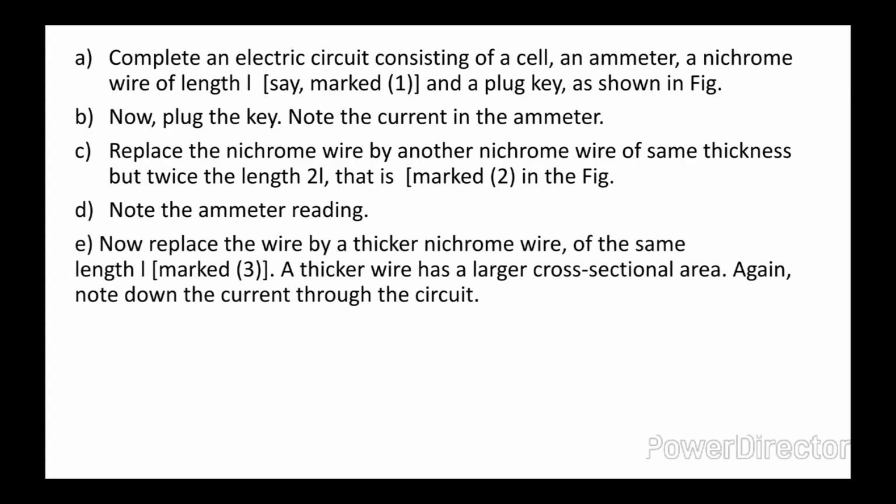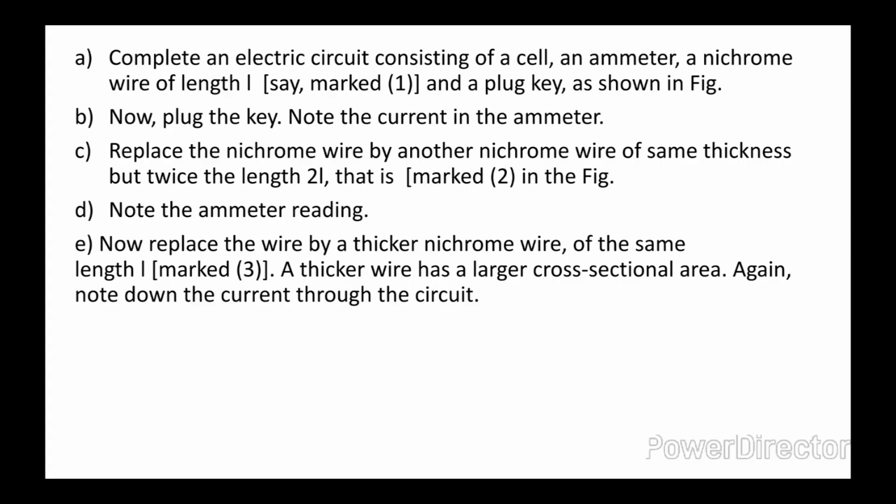Next, in the third case, you have to replace that nichrome wire by a thicker nichrome wire. So in the first two cases, the thickness is the same but the length varied. But in the third case, the length should be same, that is L. In the first case, if you have taken 0.5 meters, in the third case also you have to take 0.5 meters, but the thickness is more.